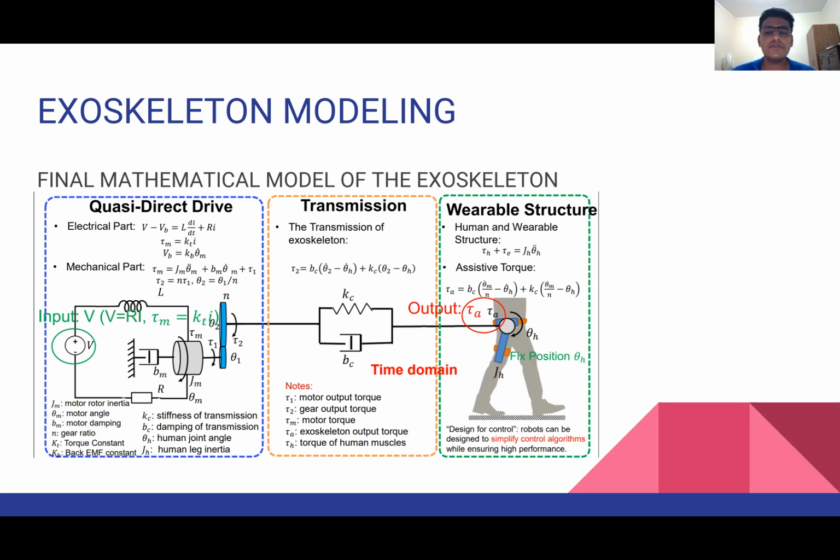On the left hand side, it's the quasi-direct drive, the part where the actuator goes through two different functions, electrical and mechanical. The mechanical motion obtained from the actuator moves into the transmission, and from the transmission into the wearable structure, which allows the person wearing it to use their leg or hip to do regular gait cycles.